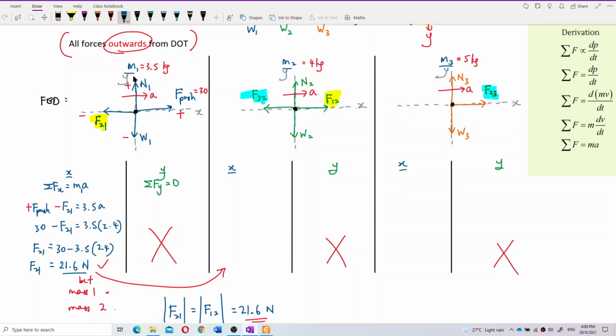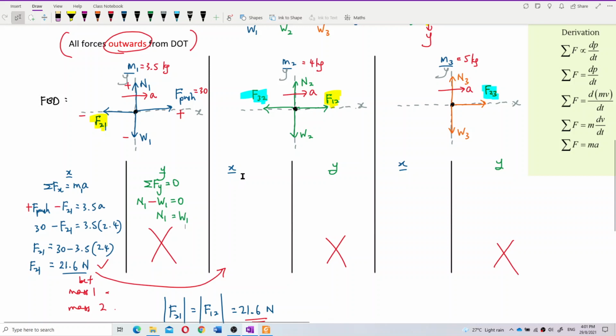So we have N1 is positive and then the weight is negative. So my normal force 1 is equal to the weight. So I got the normal force for mass 1.